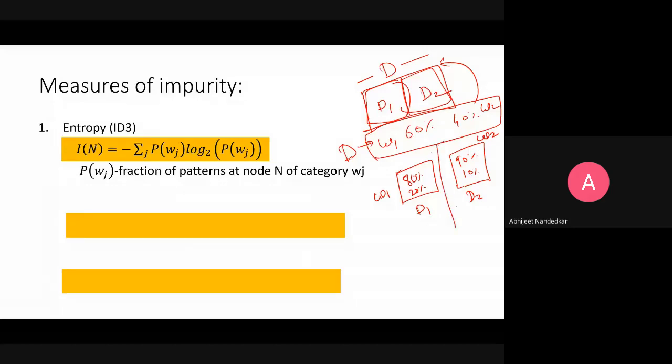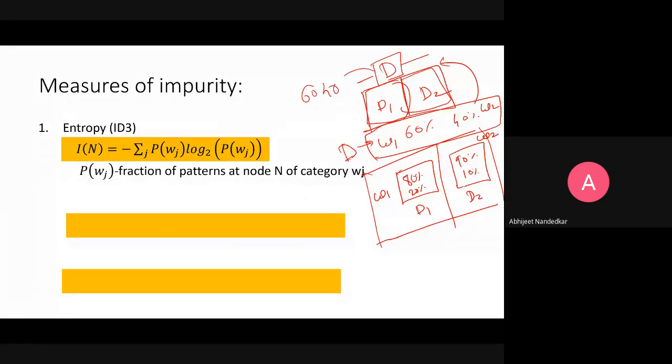If this is the mixture after division using some feature, then this is a better picture than D itself. Okay, D consists of 60-40 ratio. When I take D1, it is 80-20. When I take D2, it is 90-10.